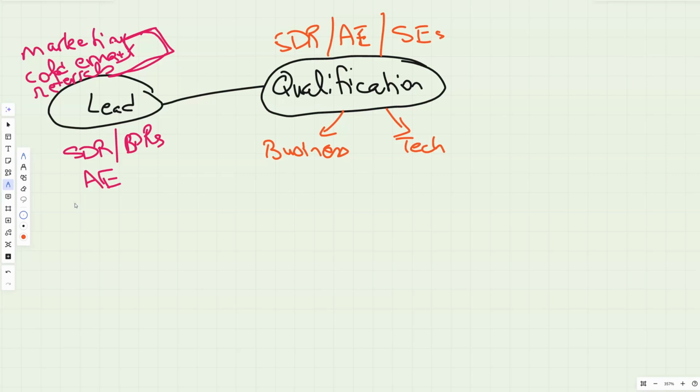So business qualification, many people have heard about BANT, which stands for budget, authority, need, and timeline, which, by the way, Damian Tomasino, he's an SE.